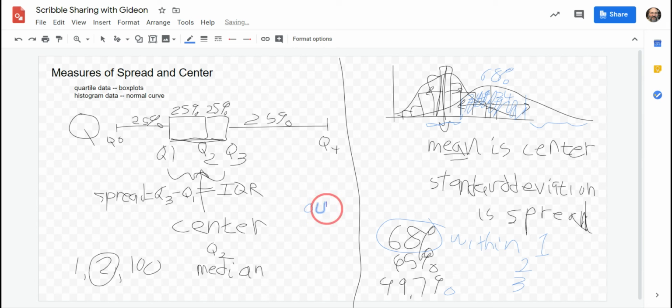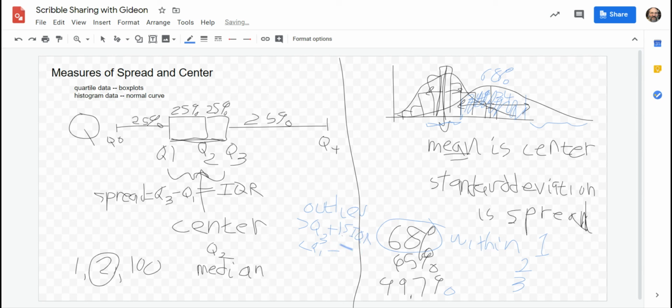An outlier with quartile data is defined to be greater than Q3 plus 1.5 IQR, or less than Q1 minus 1.5 IQR, right?